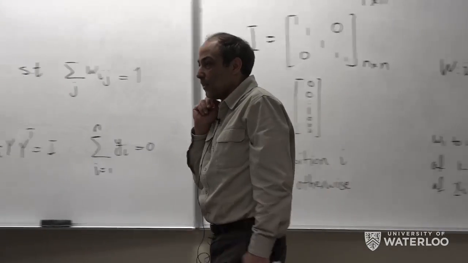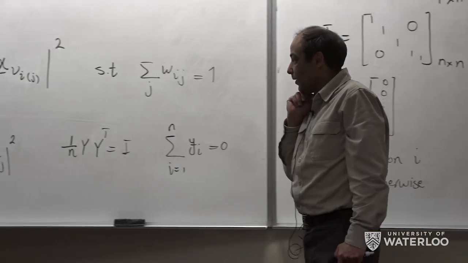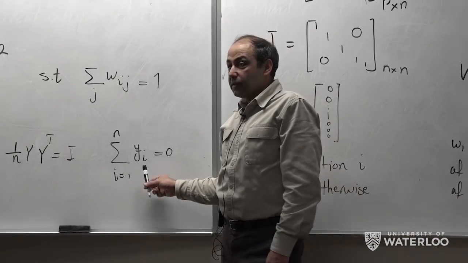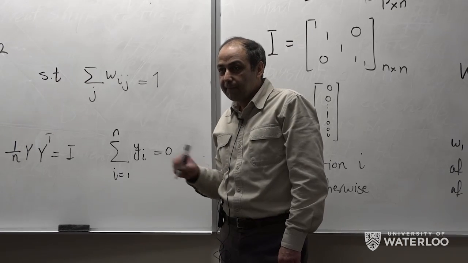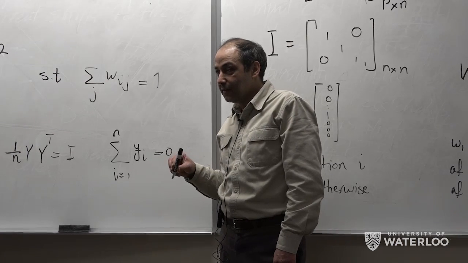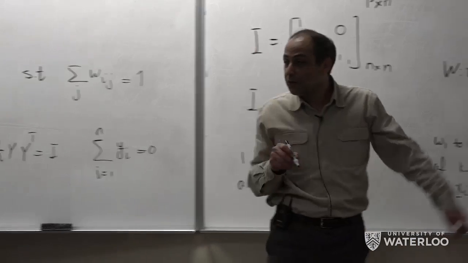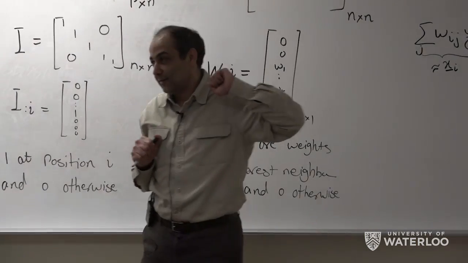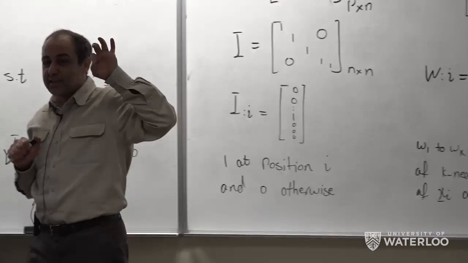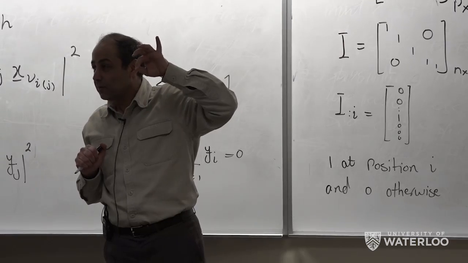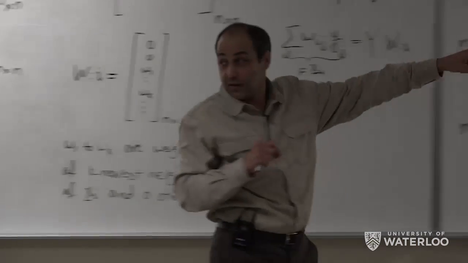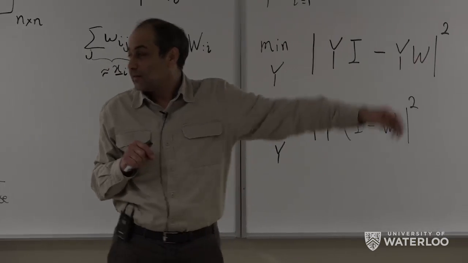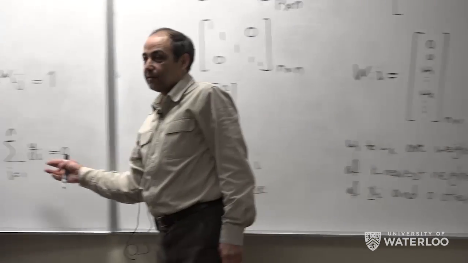Yes? How do you make it through the second constraint? Good question. What happened to this second constraint? That's actually a question in your second assignment. But it has to do with this zero eigenvalue. The fact that this matrix has a zero eigenvalue and a constant eigenvector satisfy this condition.